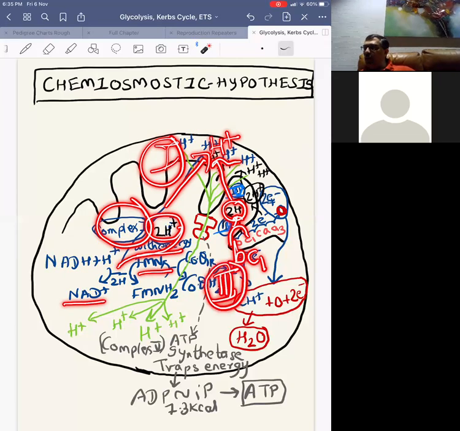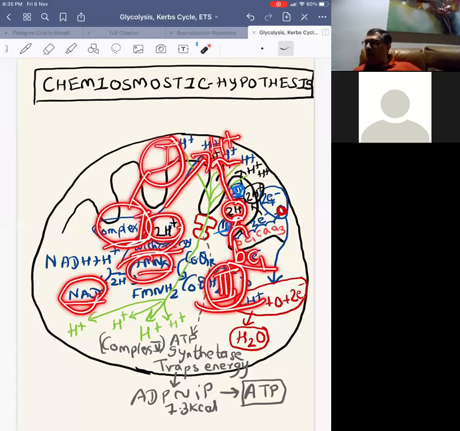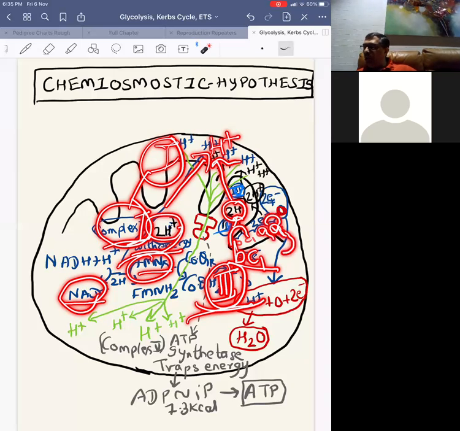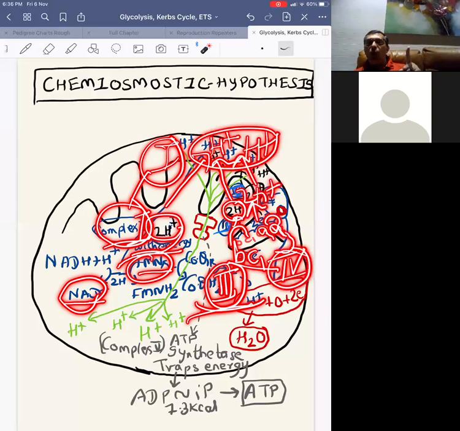So NAD to FMN was complex 1, and between B and C1 it is complex 3. And between A and A3, protons were again pushed into the intermembranous space. What is that called? A to A3 is called complex 4.